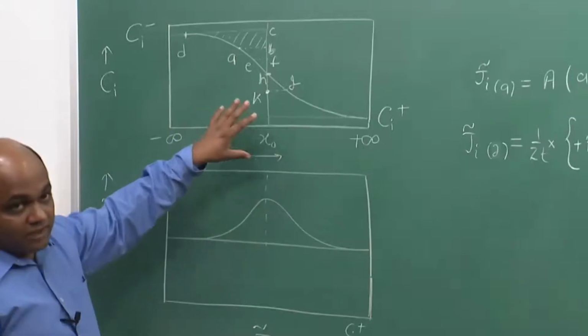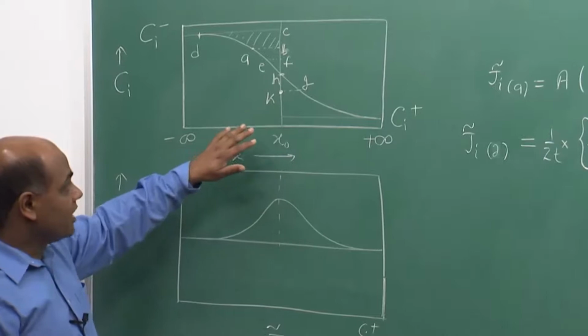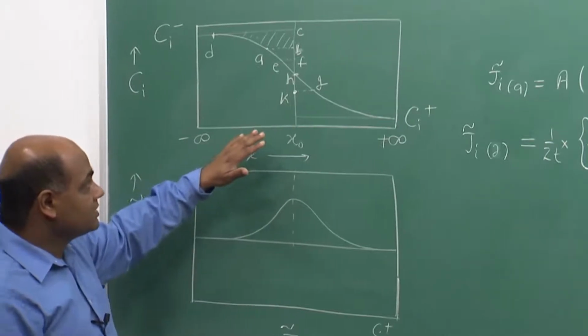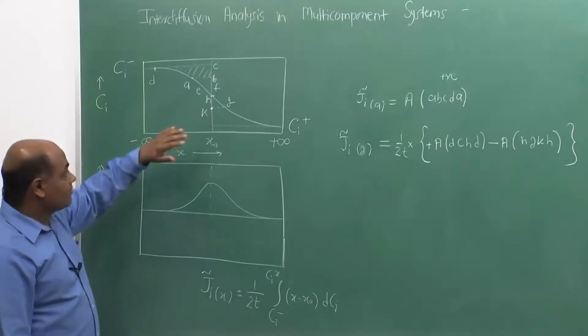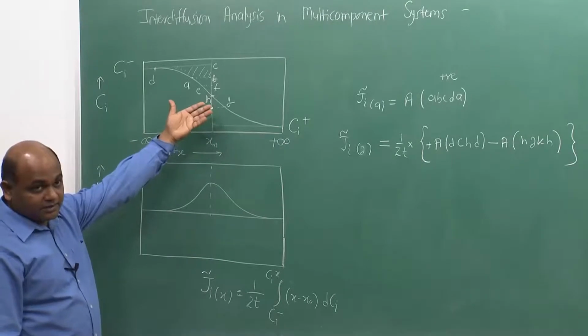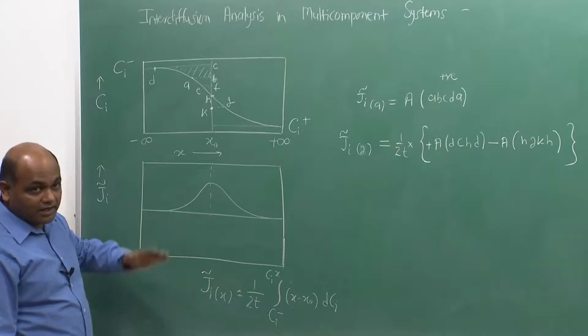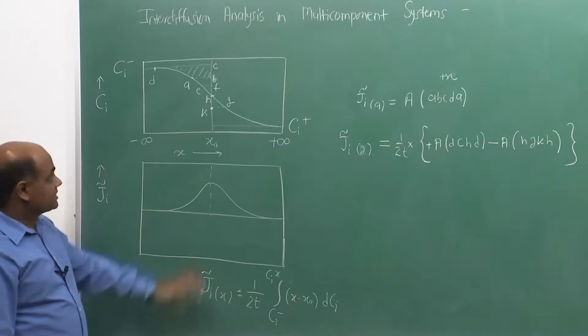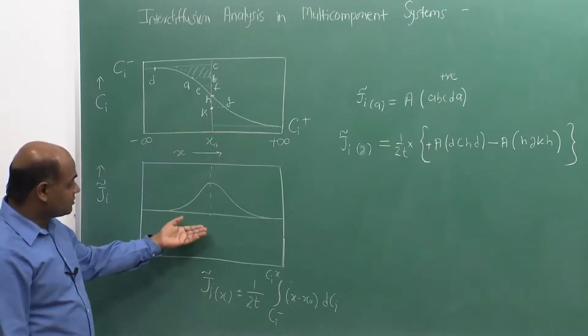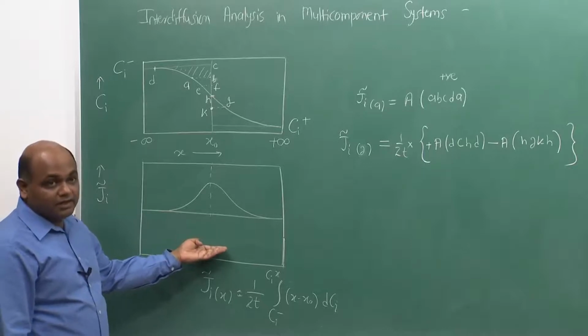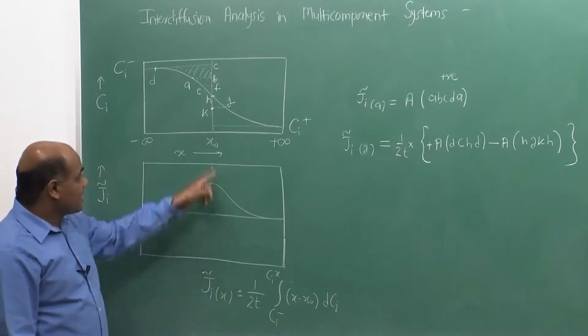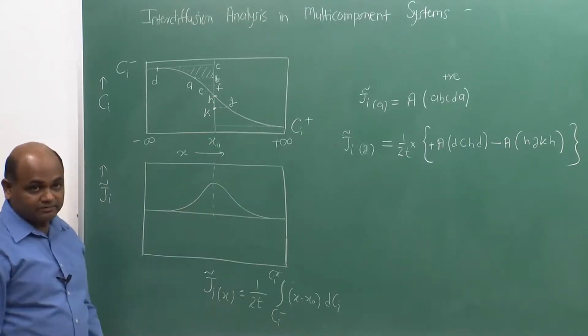Similarly, if we are dealing with a concentration profile which has opposite gradient, a positive gradient, logically the interdiffusion flux will be negative. With the similar logic, we can show there will be a minimum in the interdiffusion flux at the metanoplane location. Okay.